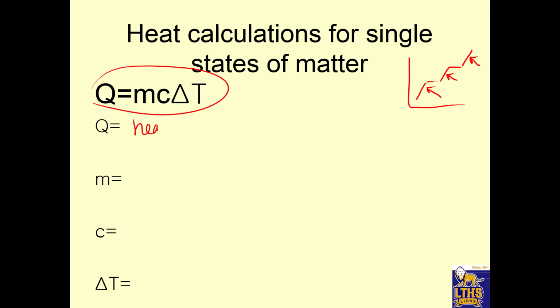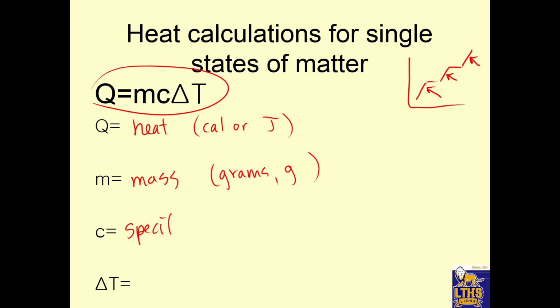The Q is the heat. The heat is measured in calories or joules. M is the mass. Mass is measured in grams with the symbol g. And C is specific heat. That's what we were just talking about. Because it's different for every substance, we could either calculate it or look it up. And that's calories per gram degree Celsius or joules per gram degree Celsius.